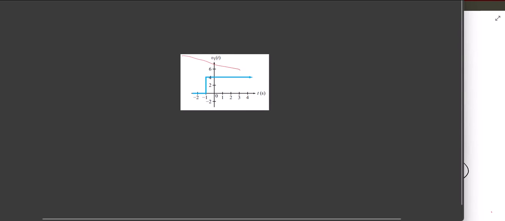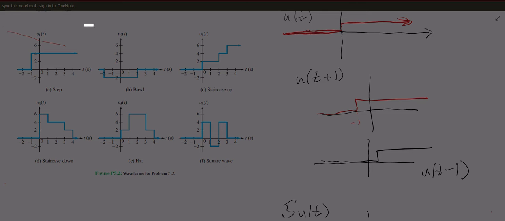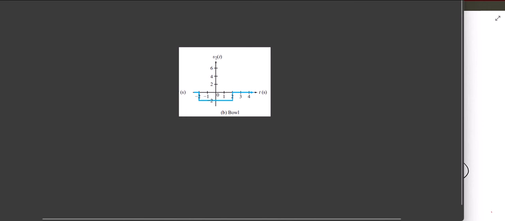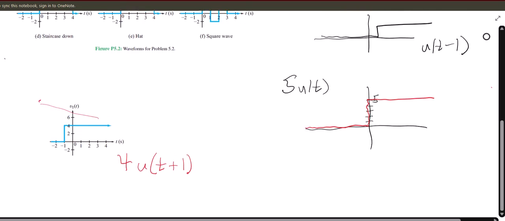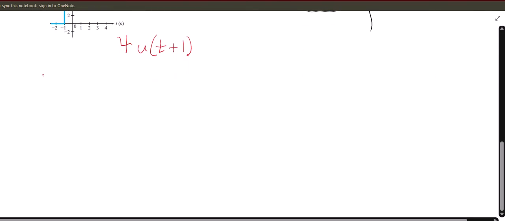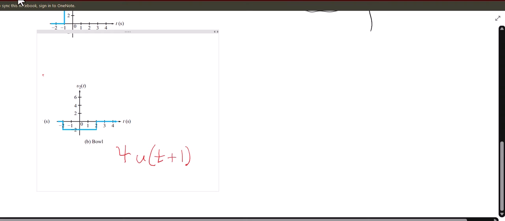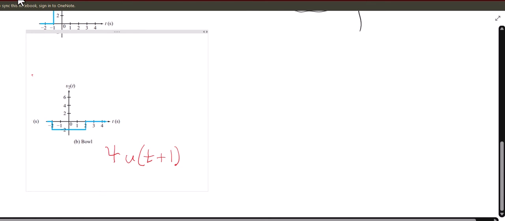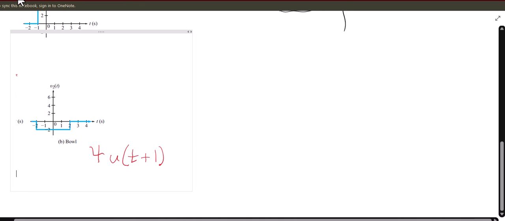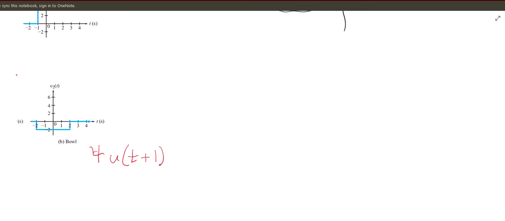And then this next one. Okay, so we have this one, it's going down, so that would be just where we multiply by a negative, but it goes down and then it comes back up.